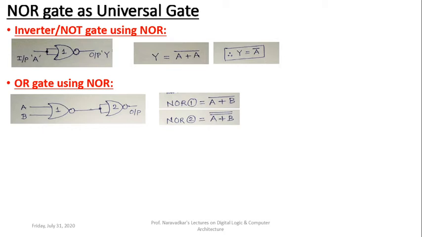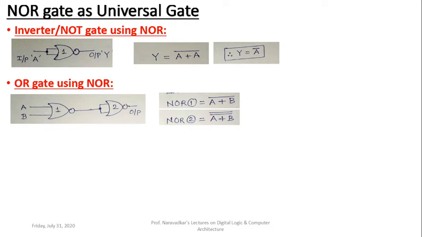And as we have studied in Boolean algebra, whenever we have the double bar, double inversion, that leads to the same value. If it is an expression below that double inversion, the same expression will be retained. If it is a single variable, that single variable will be retained.